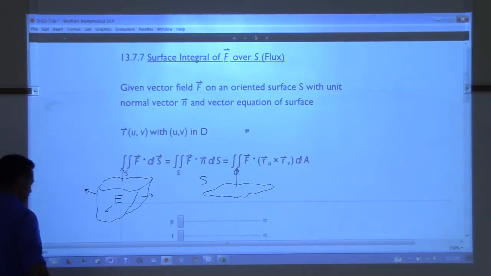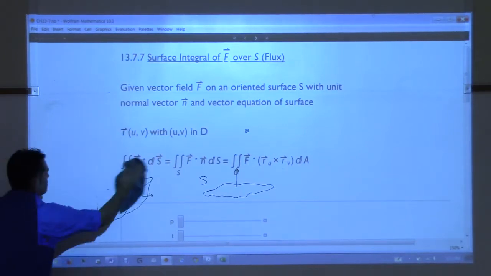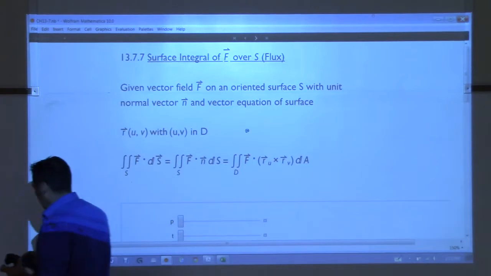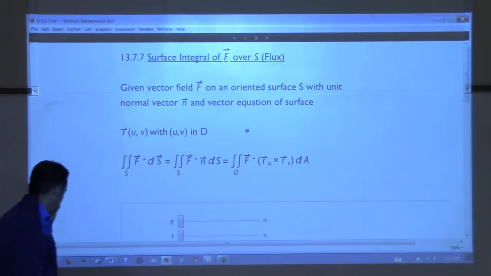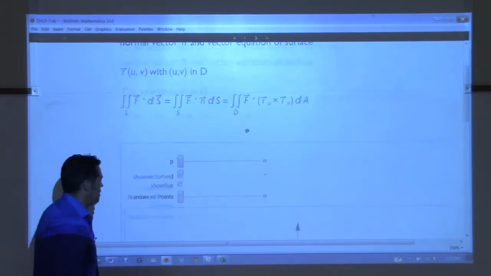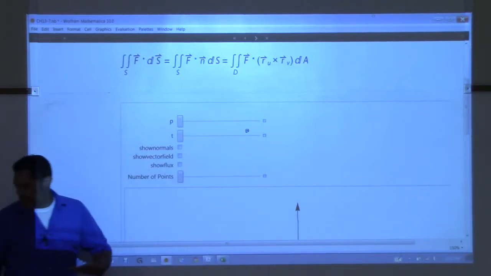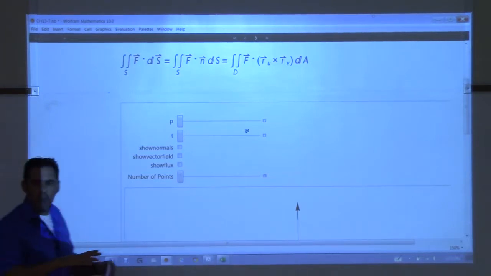Okay, now we get to the crux of today, or at least the first part of today, and that is the surface integral of a vector field over a surface, which is often called in physics flux. So if you've already heard of this, hopefully I'm not going to bore you with this analogy, but the analogy that I've seen the most is thinking about water flowing through a river.